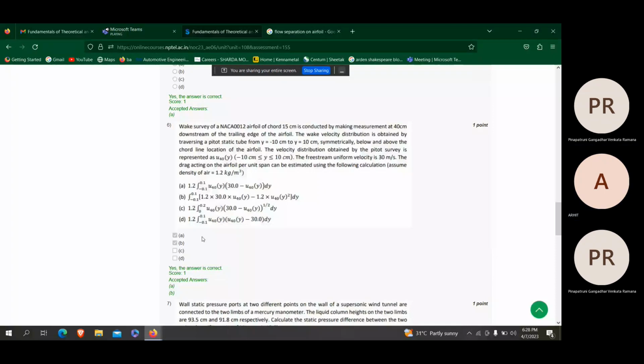For what they integrated it, like the change in, I mean decrease in momentum. Rho is mass into velocity. This is for mv squared.